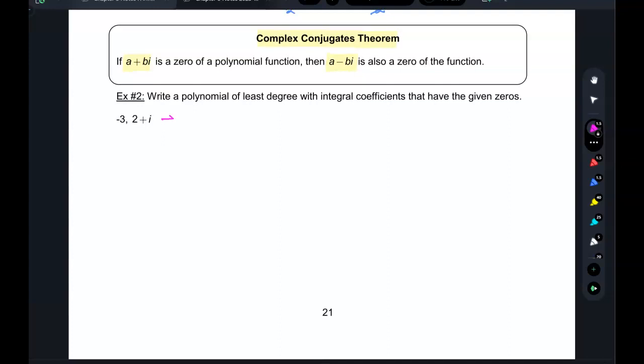Okay, so if 2 plus i is a root, 2 minus i is also a root. So we want to write a polynomial of least degree with integral coefficients, meaning we want to get rid of all the imaginary numbers. So we want to get rid of i.